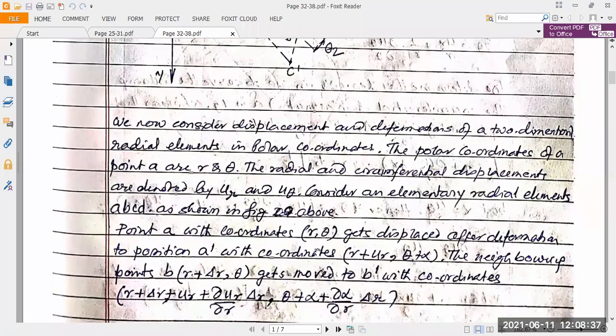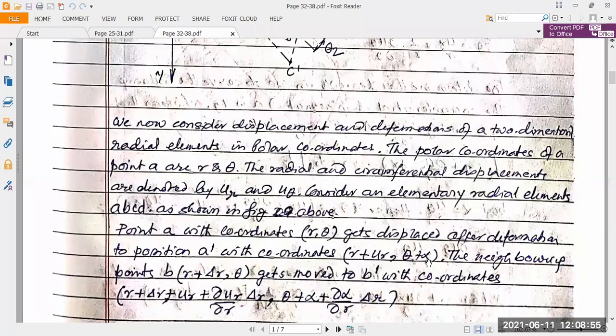So point A has r and theta, and point A dash has changed to r plus delta r, and theta is also changed to a certain extent. After deformation, it becomes point A dash with the radius changed to r plus u1, and theta also changed.